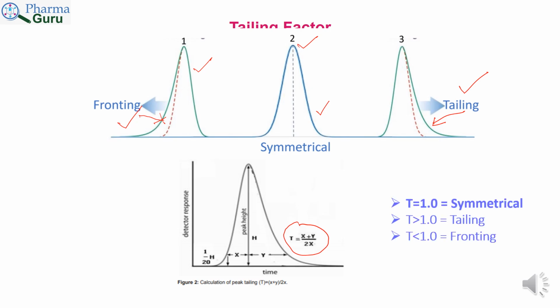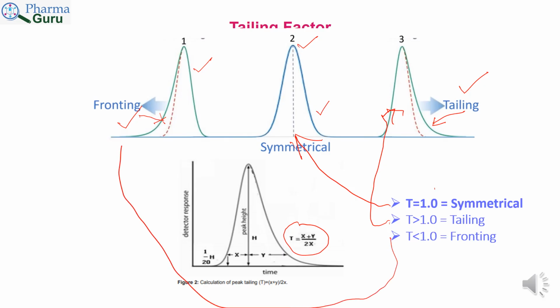When T is equal to 1, the peak is ideal, like a symmetrical peak, and it is acceptable. When T is more than 1, it means there is tailing in the peak. When T is less than 1, it means there is fronting in the peak.